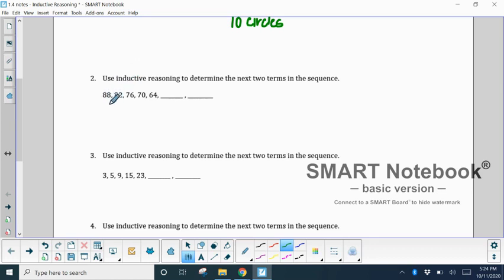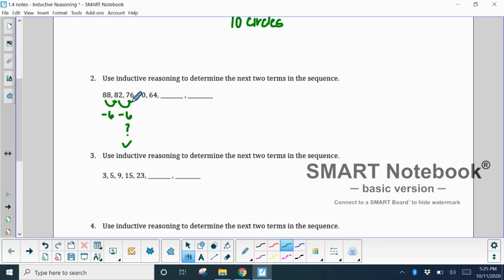If I go from 88 to 82, if I subtract 6, that would give me 82. Let's see if that works for me to continue. If I do 82 minus 6, does that give me 76? Yes, it does. I could type that in my calculator just to check.